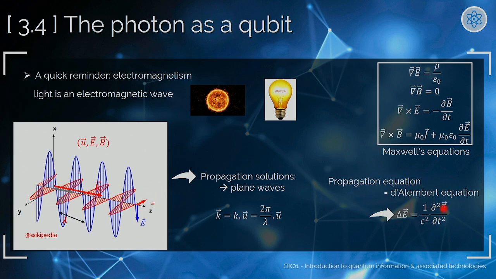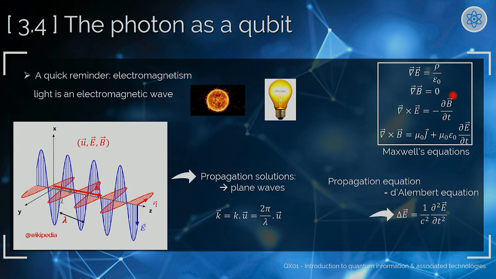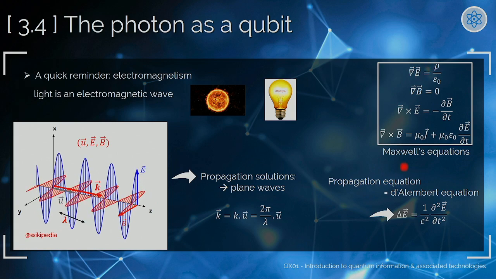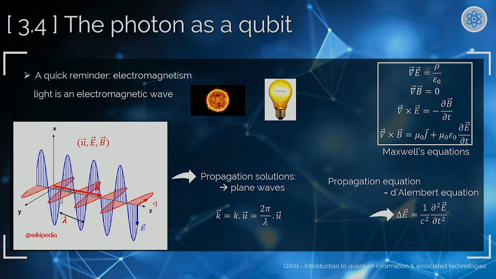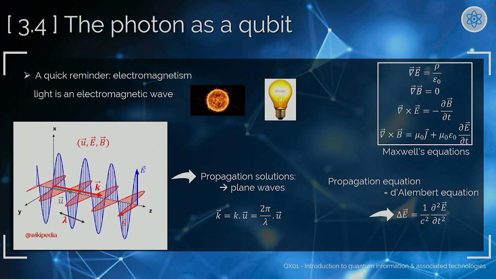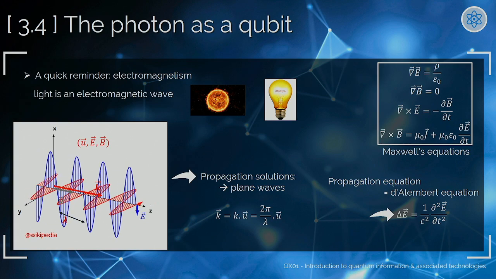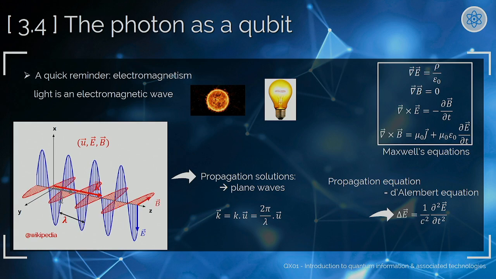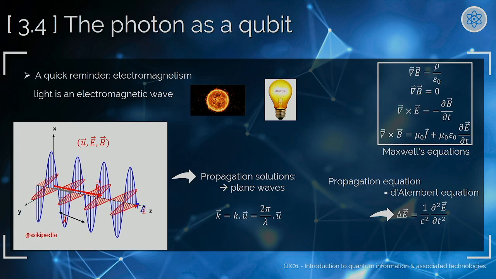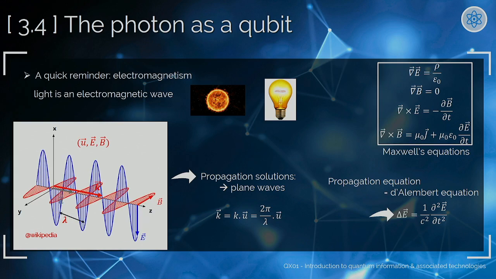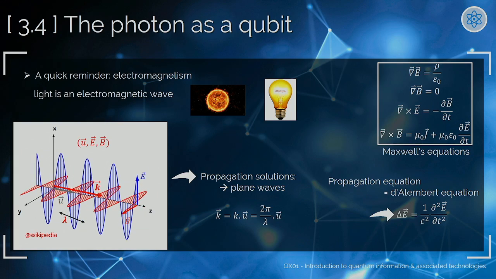And where does this equation come from? It comes from solving Maxwell's equations in particular cases. In this case, it is the solving of Maxwell's equations in vacuum, so in space. Here, for instance, light that is going into this room can be seen as a propagation of light in vacuum.